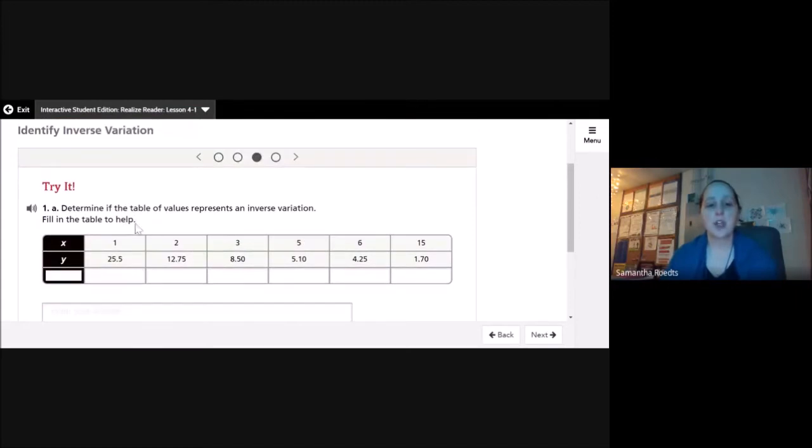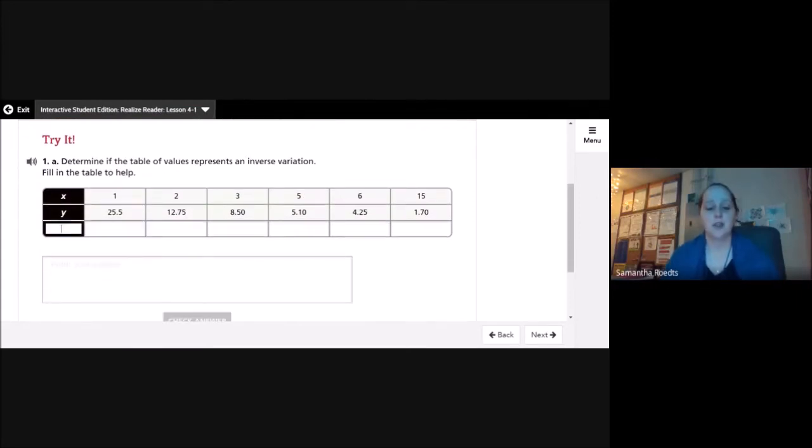Okay. So I want to determine if the table of values represents an inverse variation. Fill in the table. So I'm multiplying x times y.